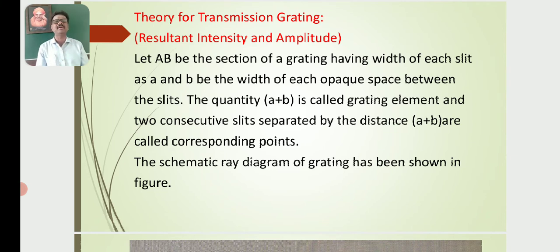The quantity a plus b, the sum of the width of the transparent space and the width of the opaque space, is called the grating element, and two consecutive slits separated by the distance a plus b are called corresponding points.